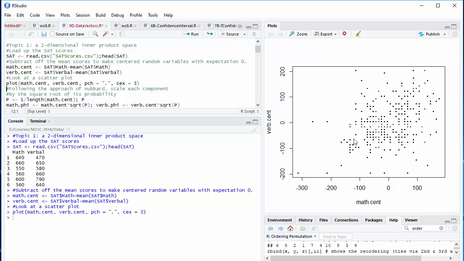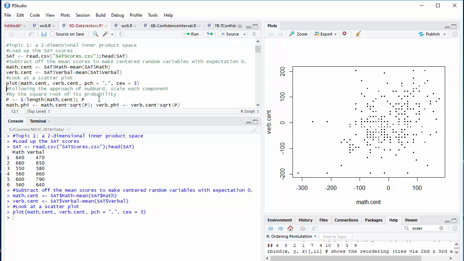Now, following exactly the approach of the Hubbards, I'm going to scale each component of one of these data vectors by the square root of its probability. In this case, I'm assuming that each row in the data frame is equally likely, so the probability of one point in the sample space is just 1 over the number of rows.